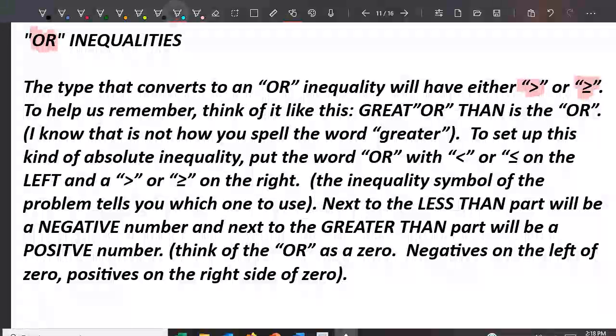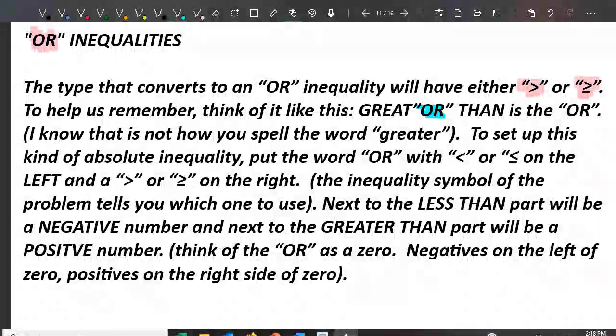So I say it like that to help me remember it's the or problem. Obviously, that's not how you spell the word greater, but hearing it over and over tells me it's going to be an or problem.